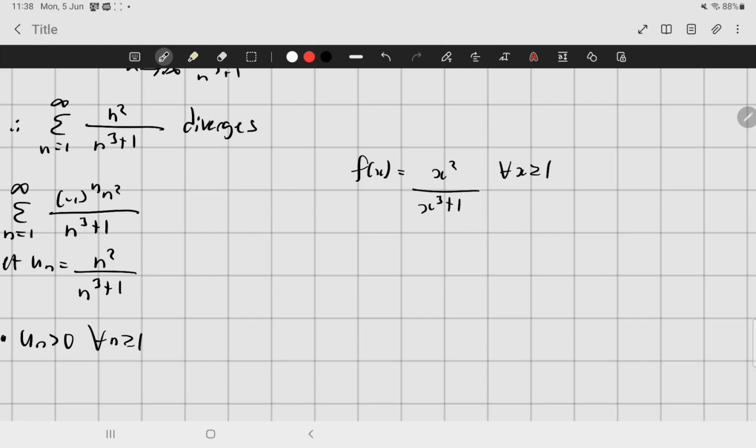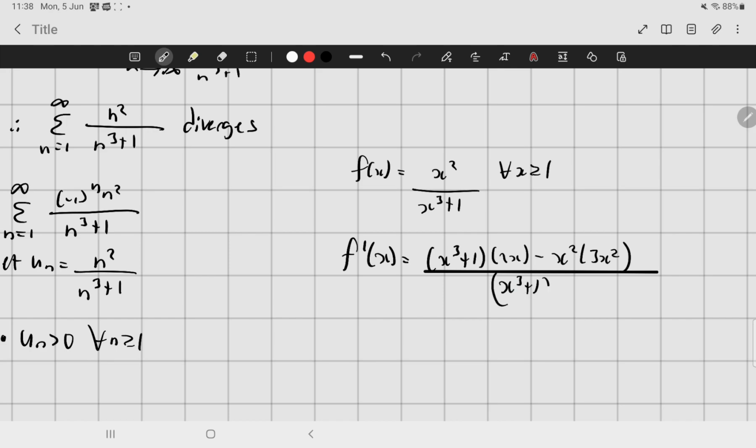So now how do we solve it? By taking the derivative, you know the quotient rule. So here we have the following. 2x minus x cubed.